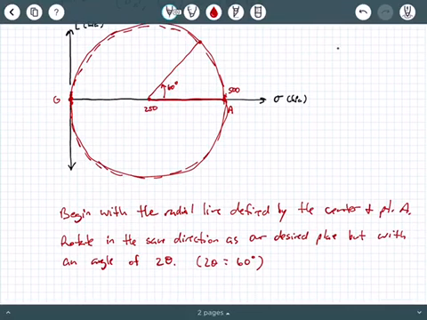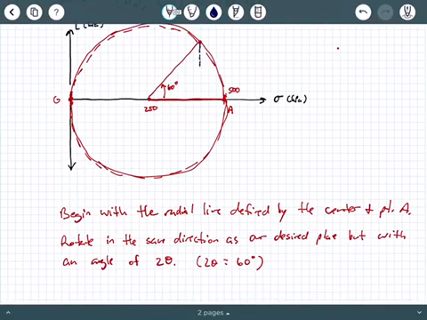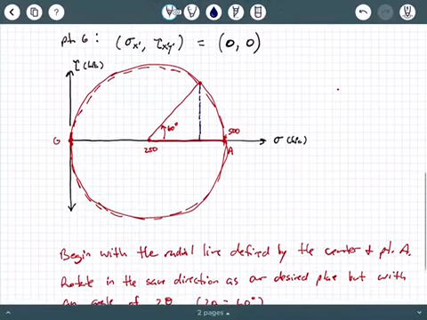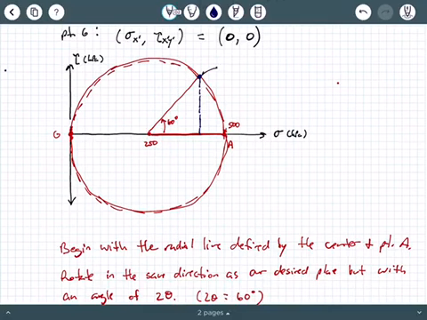So we're going to rotate up about right here, 60 degrees. We discussed this in the previous video as well: the orientation in the element is some angle, and the corresponding orientation on the circle is 2 times that angle.